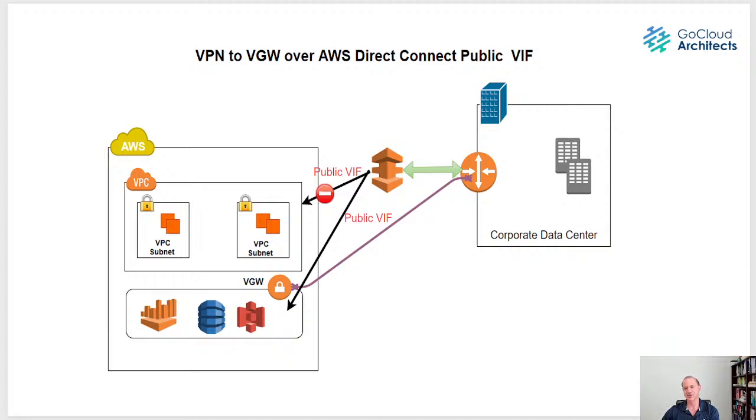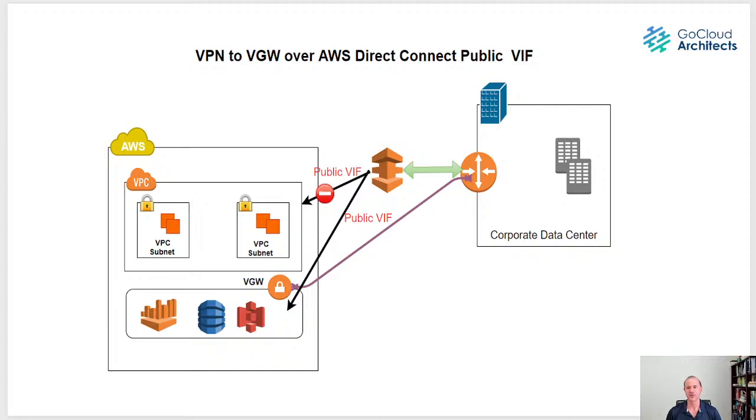So your private, which is spelled improperly here, which is the top one, is a private virtual interface, and that's going to go to your VPCs. Now your public virtual interface would go to public services such as DynamoDB, S3, or things like that. So what you can do is you can actually set up a public and a private virtual interface to be connecting your things from the data center to the cloud.